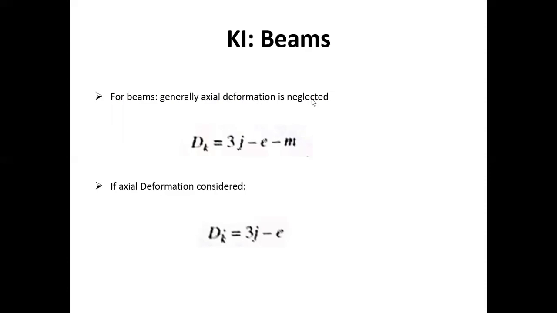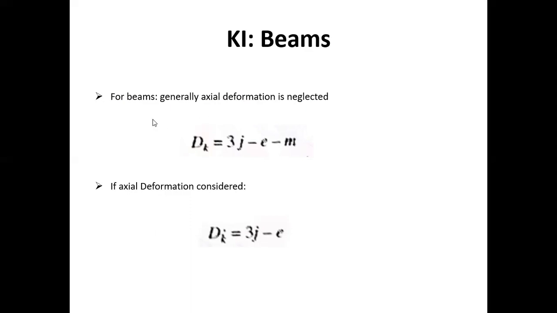For beams, generally axial deformation is neglected. What is axial deformation? It is the deformation of a member along its axis. In the case of beams, we do not consider axial deformation, hence the formula becomes like this.